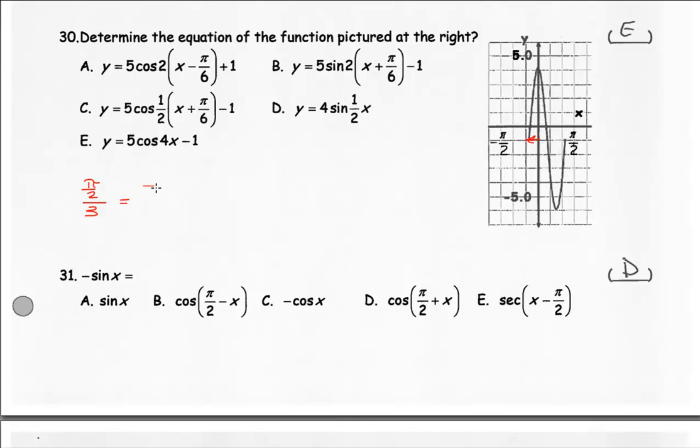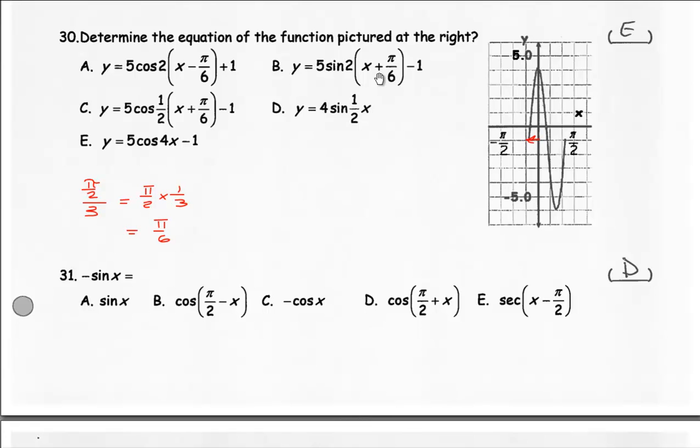So if you take pi over 2 and multiply by the reciprocal of 3, which is a third, you get pi over 6. So there's a pi over 6 phase shift to the left. So notice that C and B both have a phase shift of pi over 6 to the left.